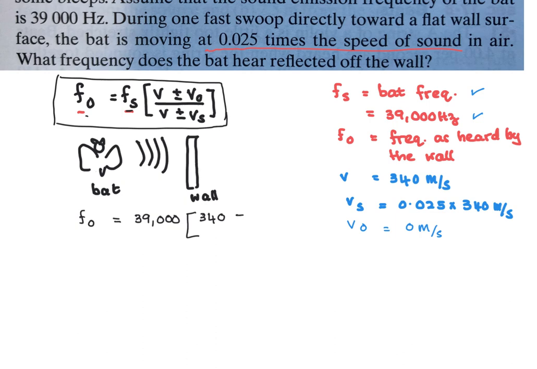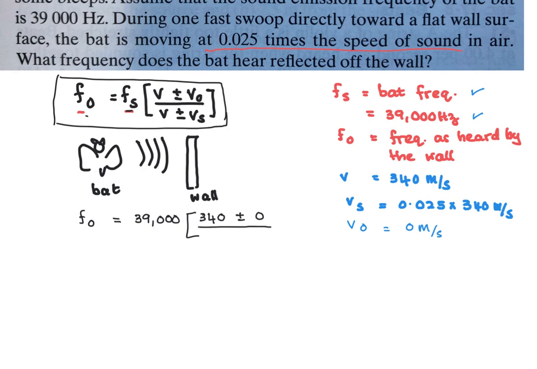I'm going to leave this plus or minus here for now, and erase it later. The speed of the observer is 0, so actually that plus or minus doesn't really matter, since we are adding a 0 to it.